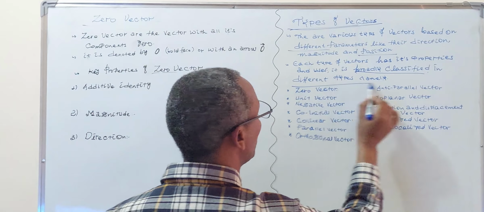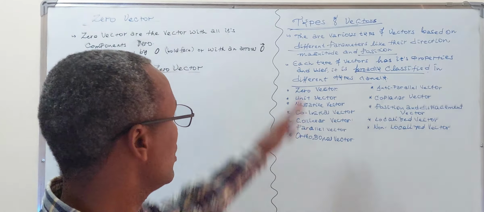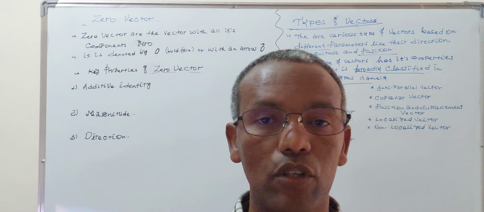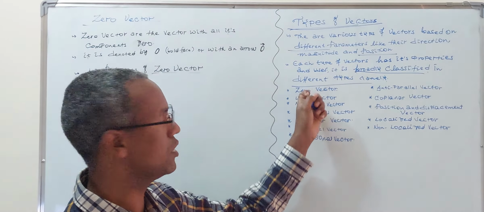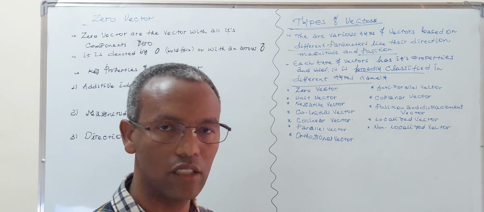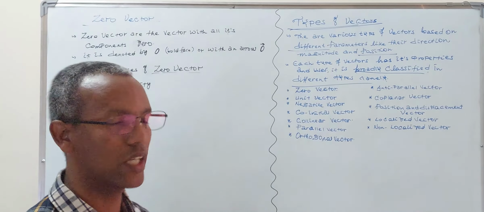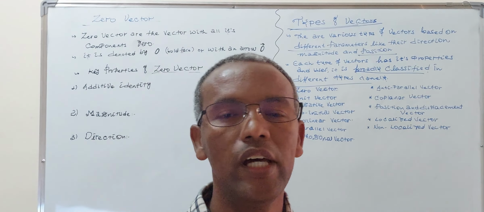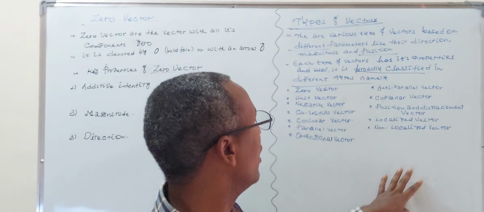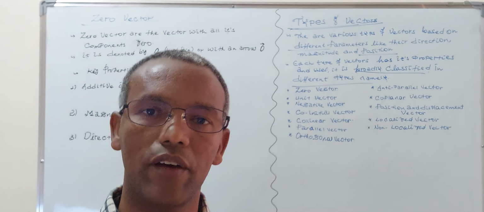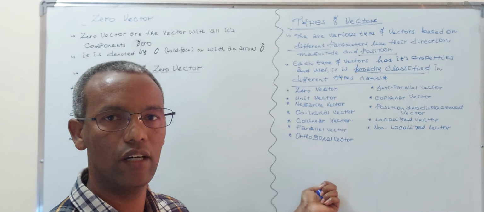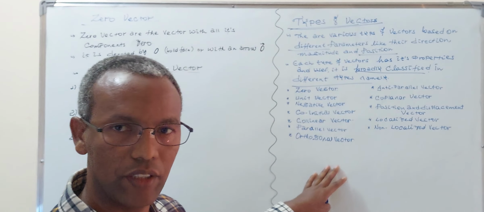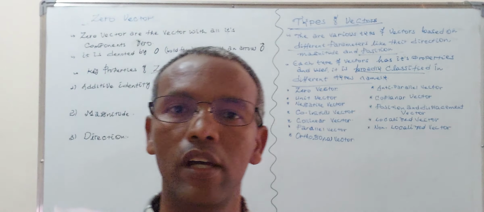Namely, there is a list of types of vector, which I can show you: zero vector, unit vector, negative vector, co-initial vector, and so on. Let me know if you have any other vector type. I'm happy to learn from you guys.